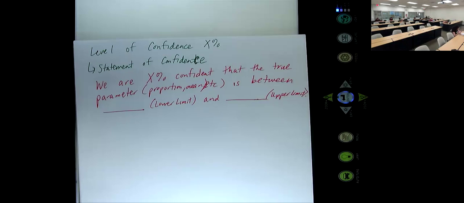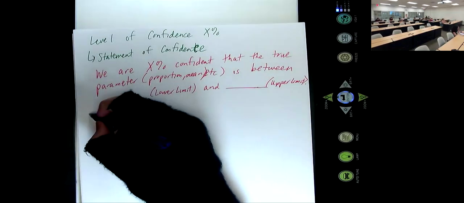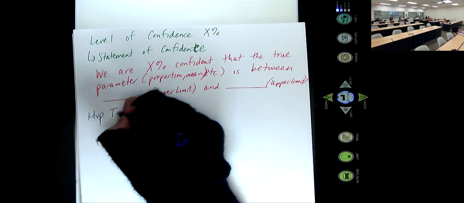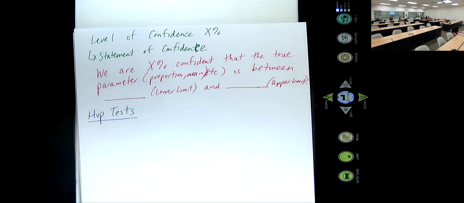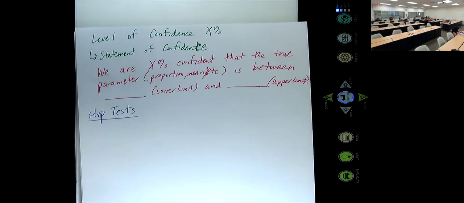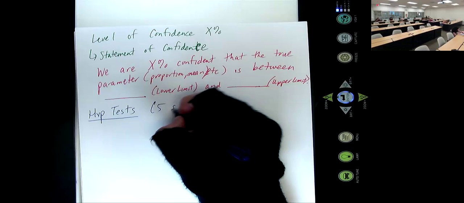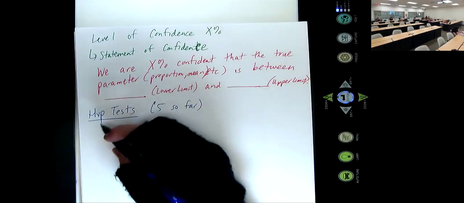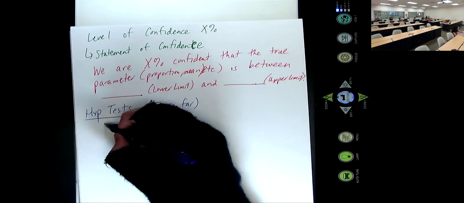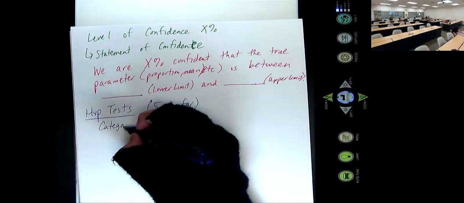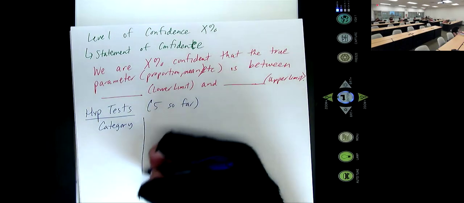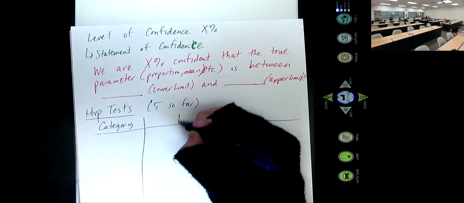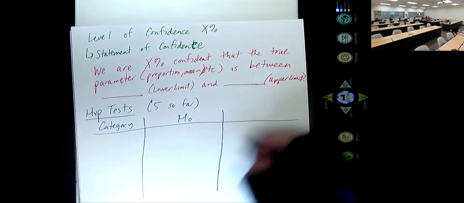In terms of our hypothesis test, so far we've had 5. I'll make a little category for what category it is. I'll make a little category or column for H naught and one for HA.